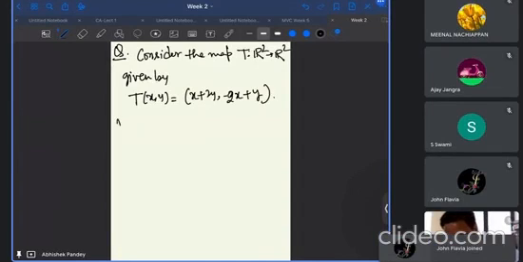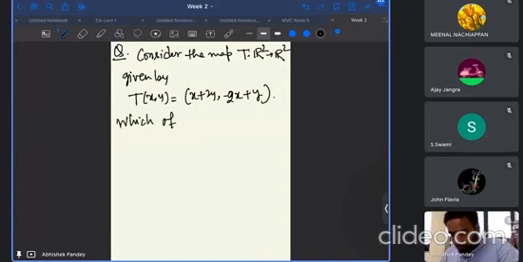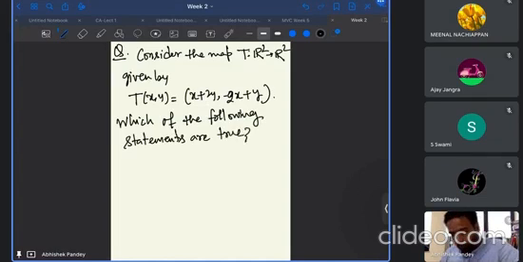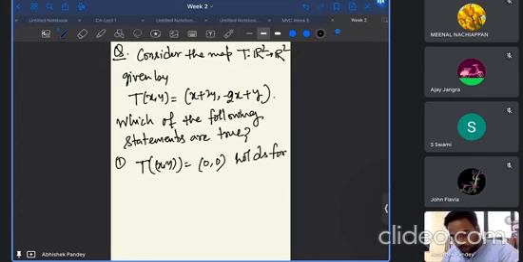Which of the following statements are true? First, T of x comma y is equal to 0 comma 0 holds for infinitely many x comma y belonging to R2.